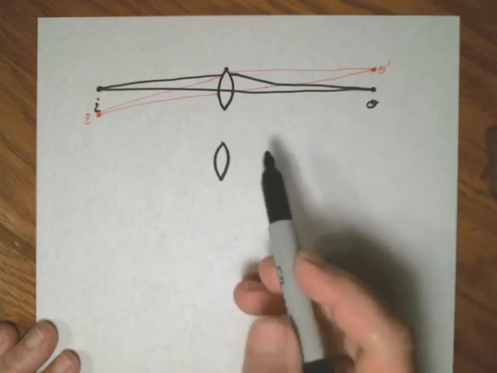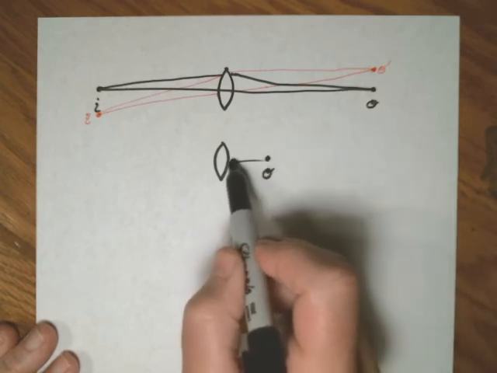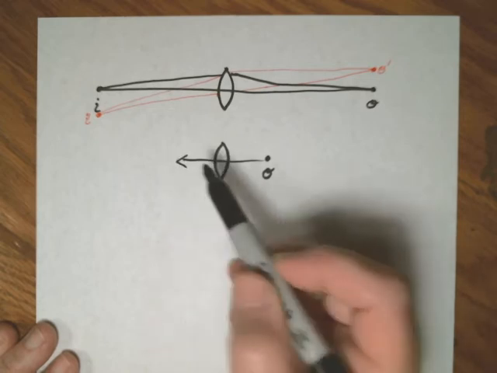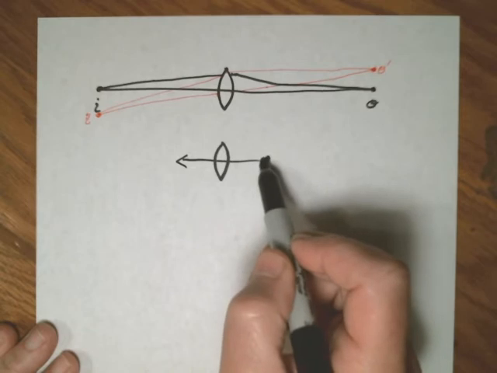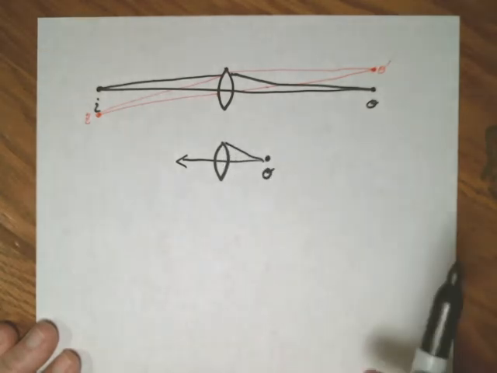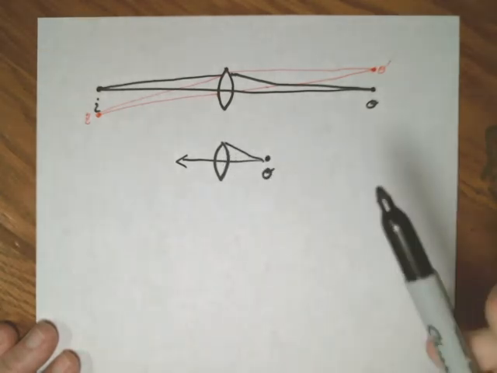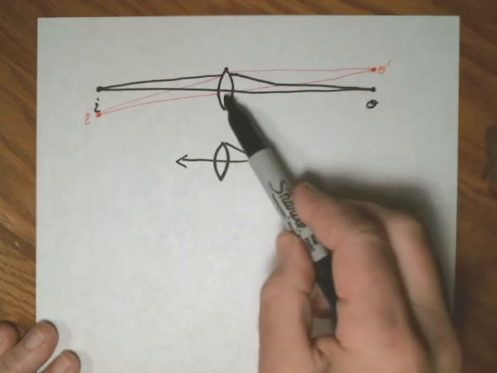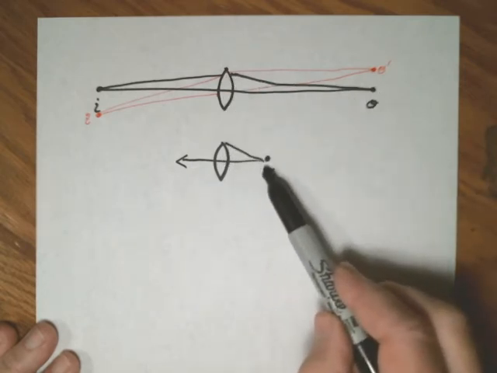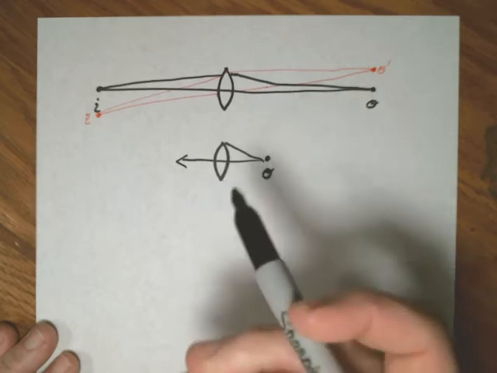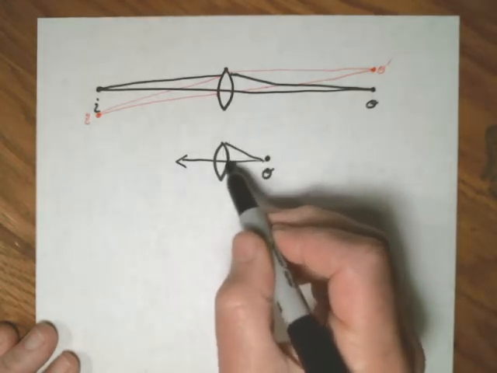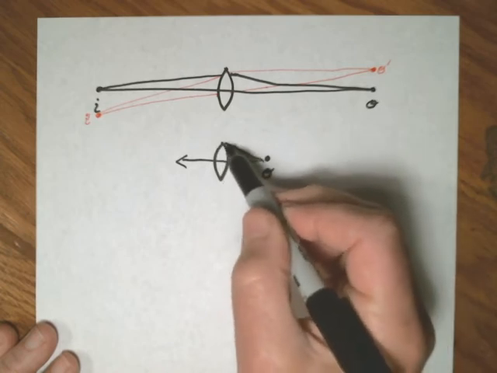So again, I can draw my on-axis ray as usual, and an off-axis ray. And instead of having the super long skinny triangle, now I have a much fatter triangle. In other words, it's a much broader cone. This cone is so wide that the lens can't bring those rays back together.